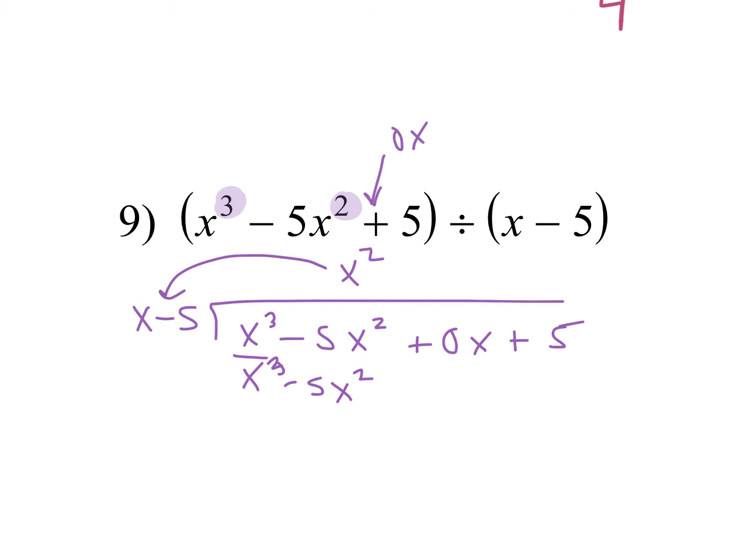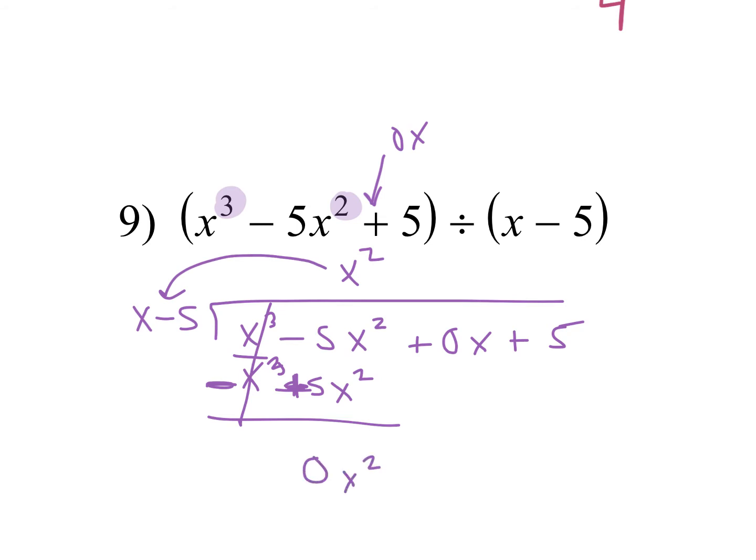What's step 3? Change the signs. This becomes a negative, this becomes a positive. So the x cubes cancel. What's negative 5x squared plus 5x squared? It cancels out, so it's just 0x squared.